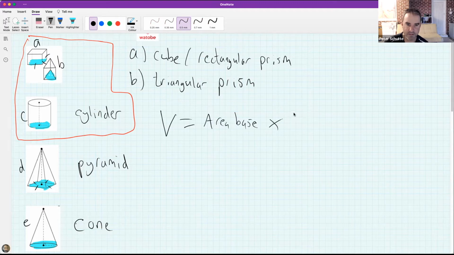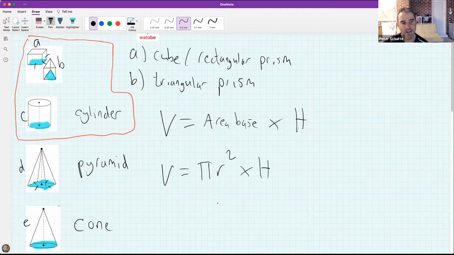It depends on which way it's facing. But for all these shapes, you basically have the base, you find its area, and then you times by the depth. For example, with a cylinder, the base would be pi r squared, and then times h, because the area of the circle is pi r squared, and h is the height. Whereas if you had a triangular prism, you would first go a half base times the perpendicular height of the triangle, and then times the depth of that shape.